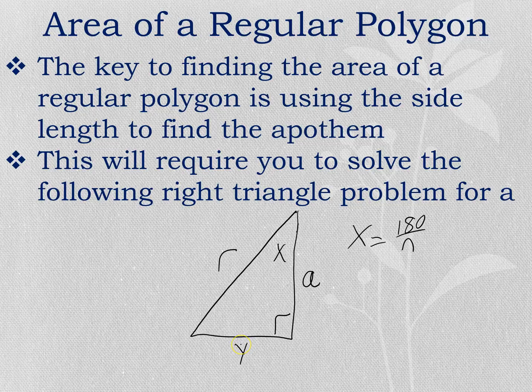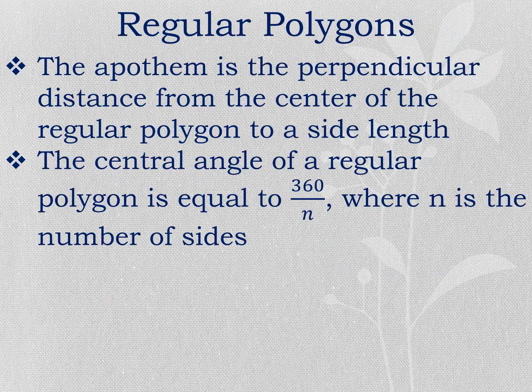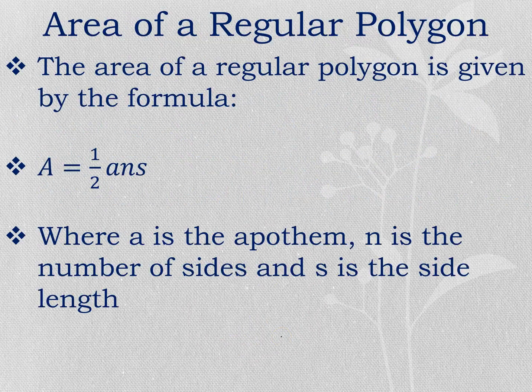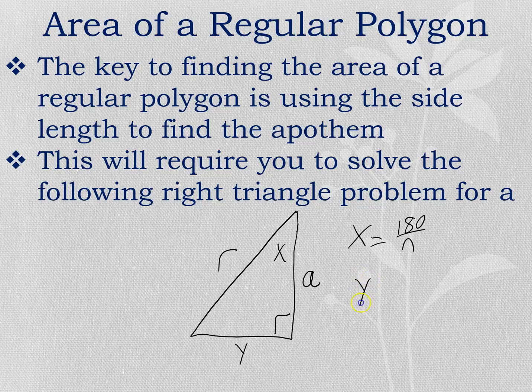And this y value right here, well, if I were to go back, is equivalent to this piece right here. So again, if x is half the central angle, y is a piece of the side length, it's also half the actual side length. So as long as we're given the side length, we'll know what y is.